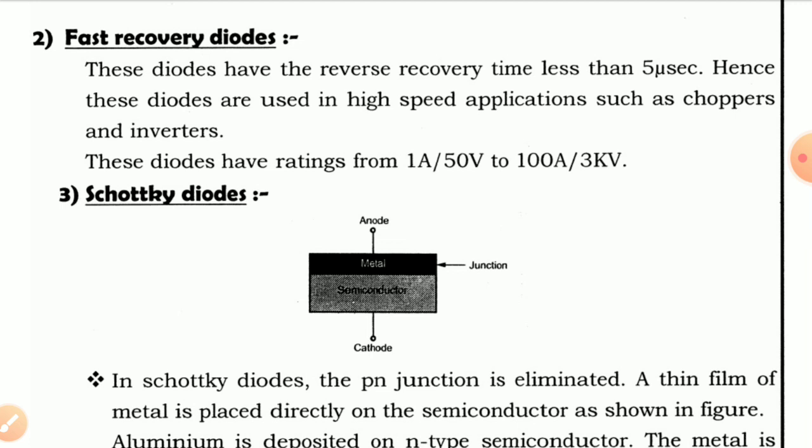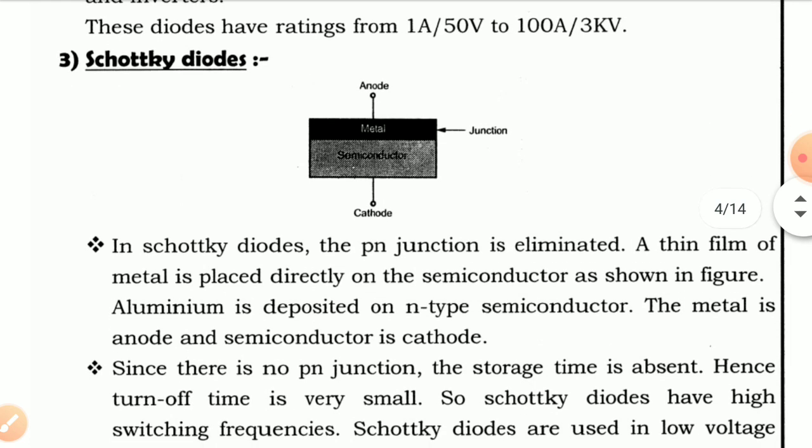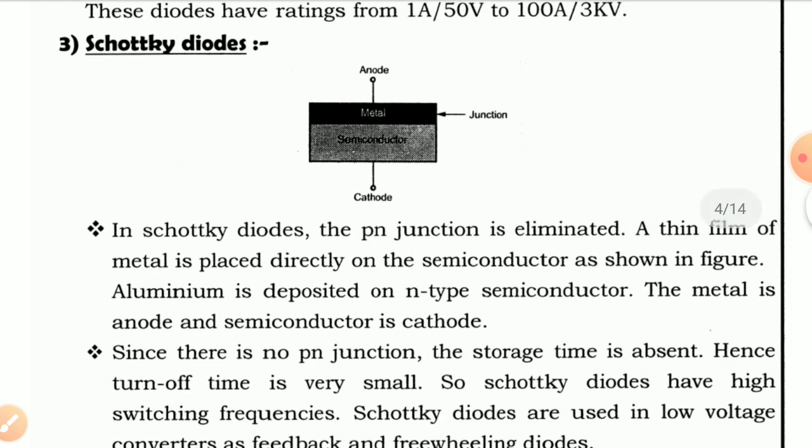Then comes the Schottky diodes. This is a generalized constructional diagram of a Schottky diode. It consists of a semiconductor material, N type or P type, since all power semiconductor devices are made of different types of semiconductor materials.